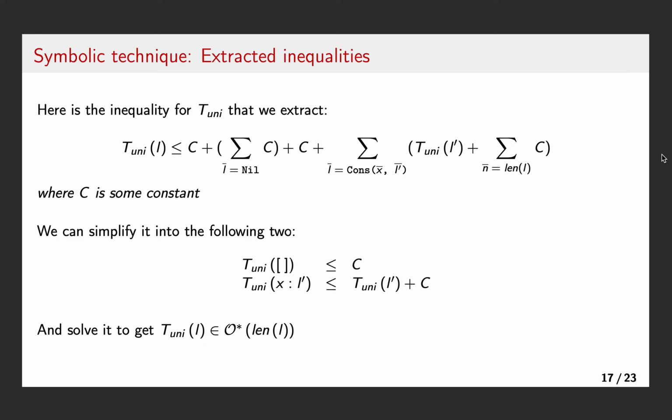It can look rather complicated, but if we consider two cases, when the list is empty or not, we get these two simple inequalities from which it is evident that the complexity of unification is linear in the length of the list up to a logarithmic factor.